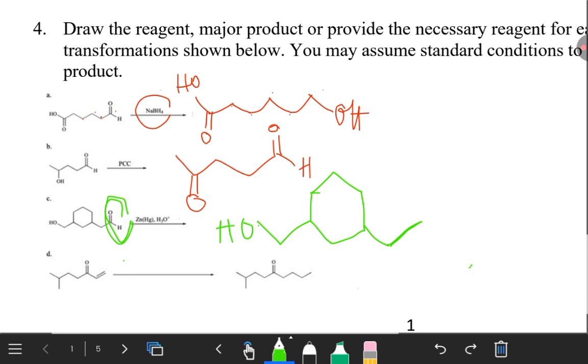So the Grignard reagent was added to this reactant in order to form this long chain here. The Grignard reagent is an organometallic, meaning that it is a metal bonded to a halogen, like magnesium bonded to bromine, which is just a halogen.